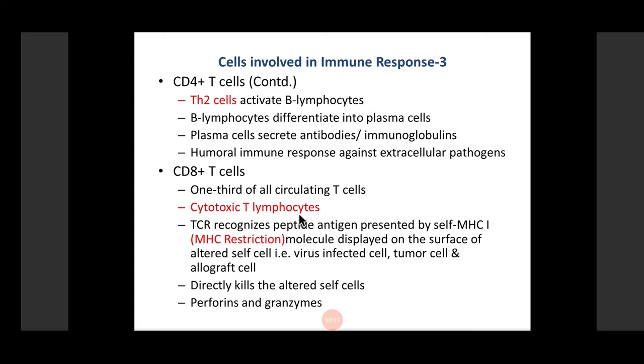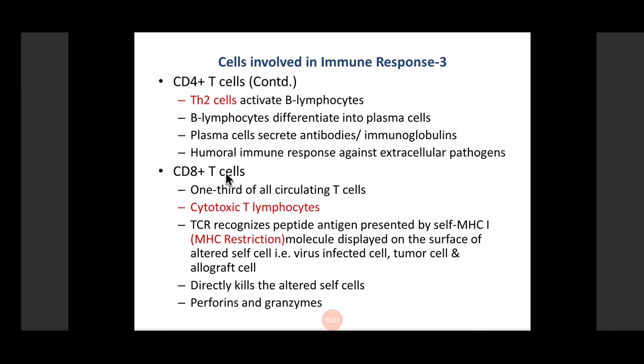CD8 has the number 8, you multiply it by 1 to get 8. So CD8 recognizes antigen in context of MHC 1. This is a very simple rule, a kind of ready reckoner as to which MHC presents antigen to which T cells. Just remember this rule of 8 and this will make your life a bit easier, I hope.